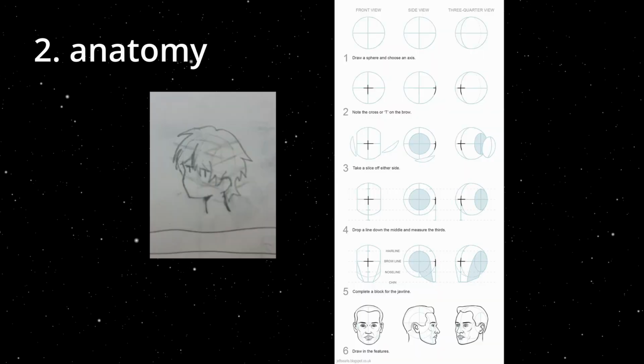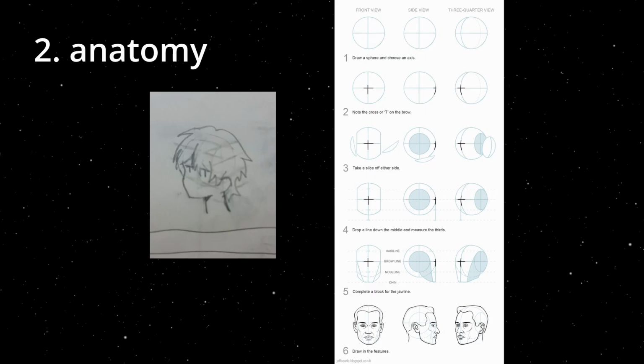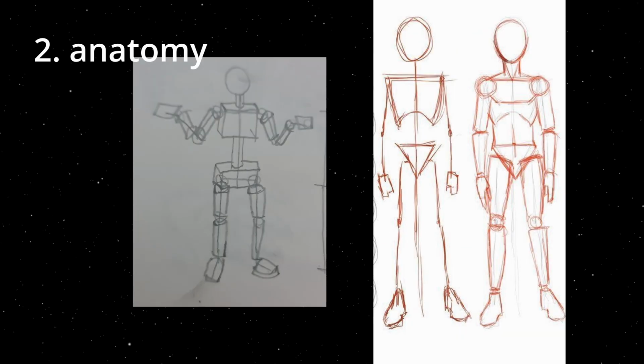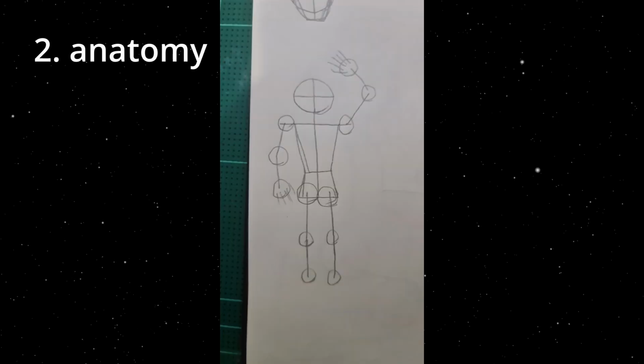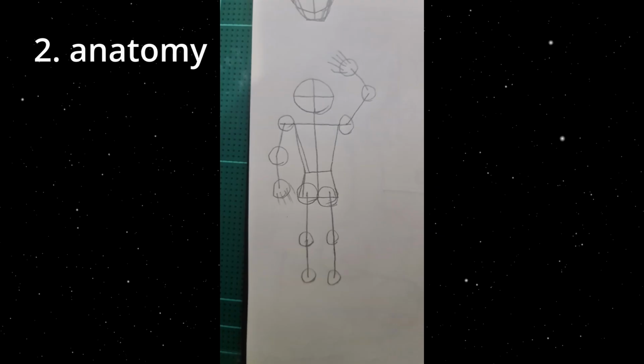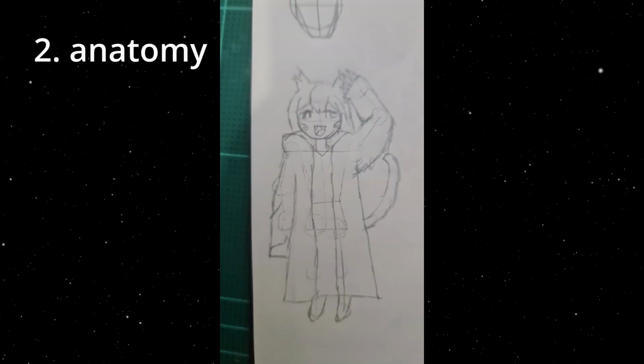Next is anatomy. Personally, I use Loomis' method for drawing the head, but for the body I just use whatever I feel like. And mostly I draw a line to indicate the height and the width of the torso, arm, and leg. There are many techniques for this, but don't stress about choosing the perfect one.